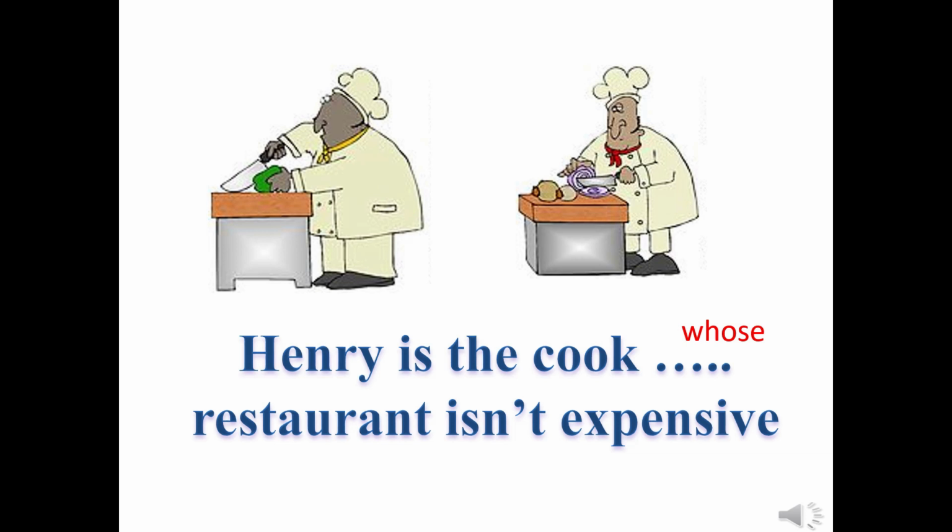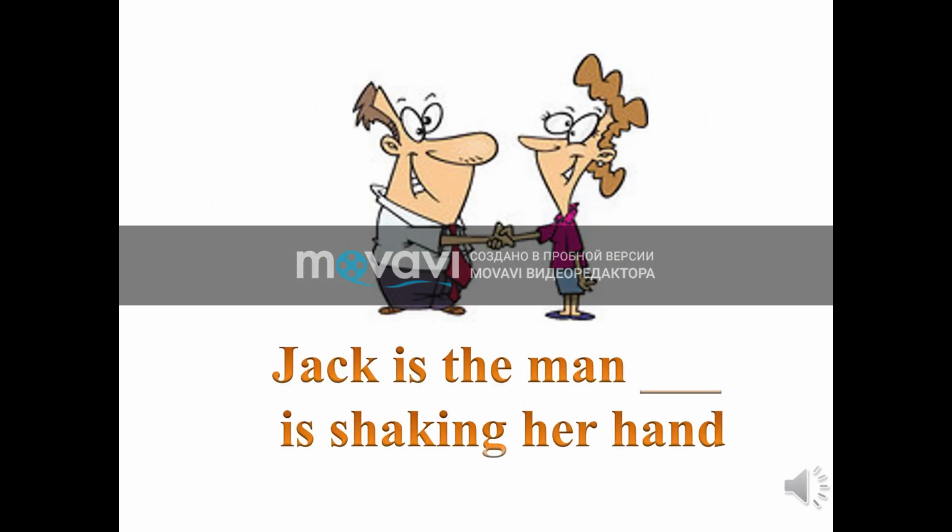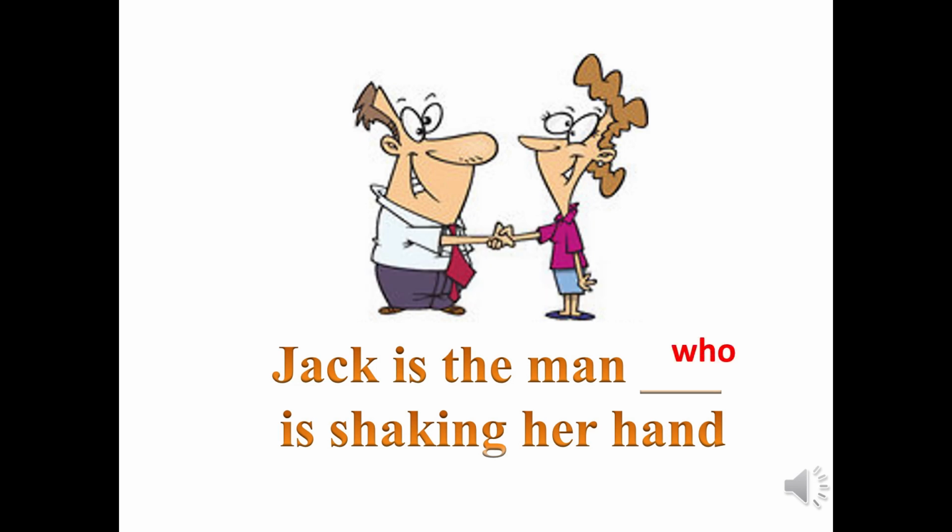Okay, now let's practice. Look at this. Henry is the cook whose restaurant isn't expensive. Jack is the man who is shaking her hand.